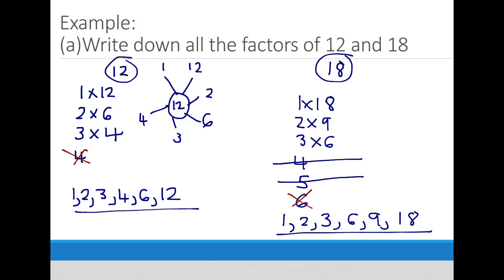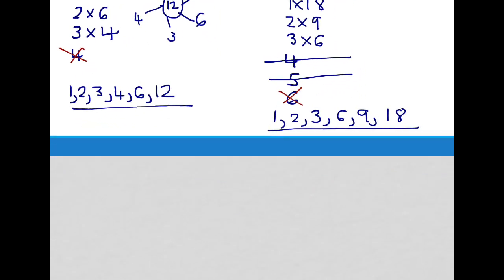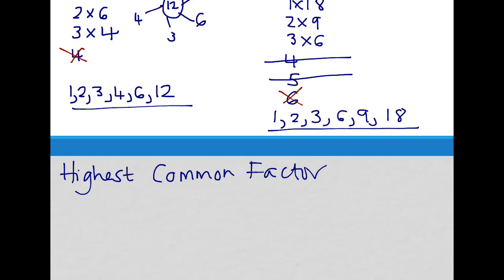Now the question I'm going to ask now, having got those, and this is a question that links to what we're learning today, is what is the highest common factor of 12 and 18?